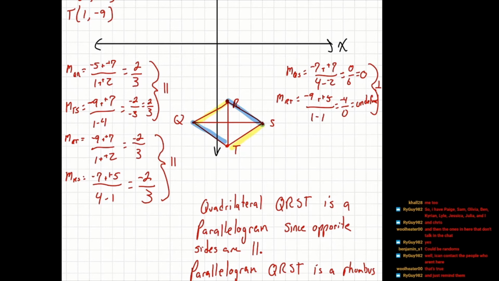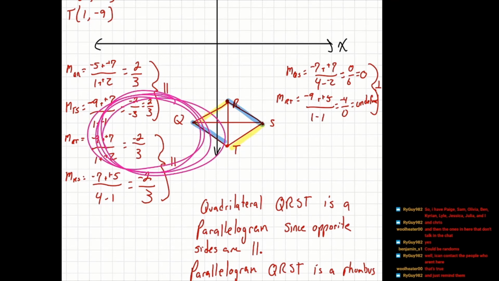Remember when we did a rectangle, these two slopes right in here should have been negative reciprocals if it were a rectangle. We found that they were negatives, but they weren't reciprocals. That showed that it can't be a rectangle. When we do our math, if they're negative reciprocals, it would be a rectangle. So the math will just naturally show itself in the fact that it will be a rectangle.